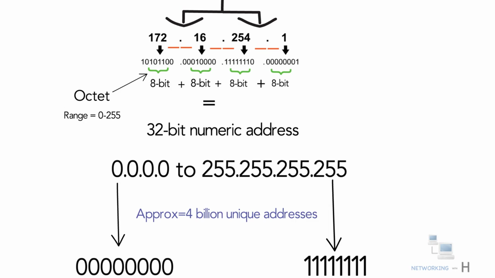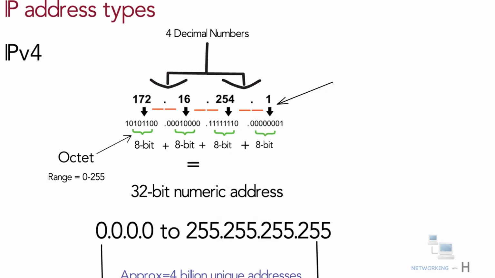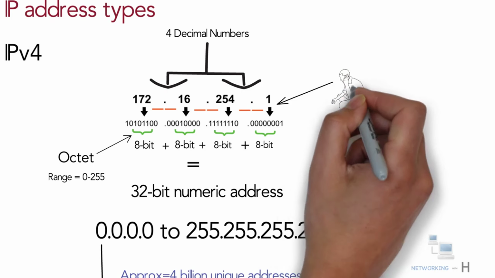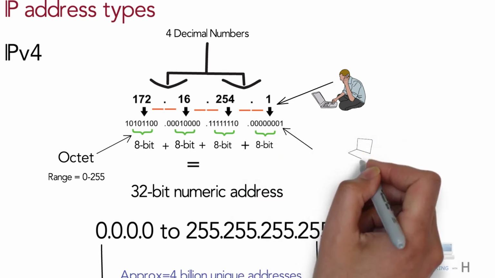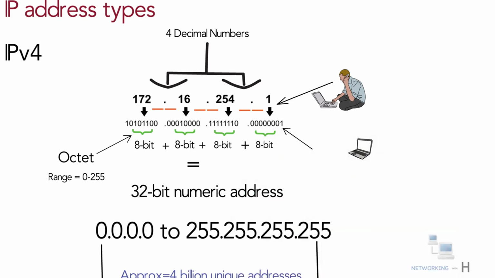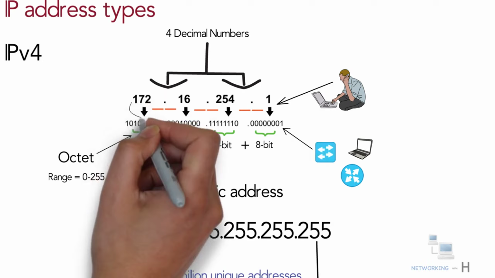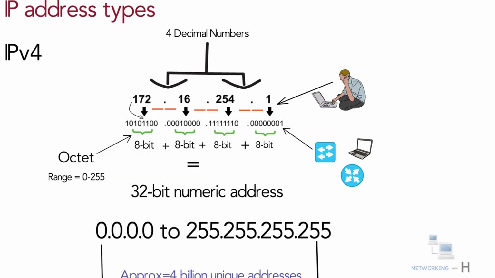The IP address shown in decimal format can only be understood by humans. But for computers or network devices, these are meaningless, as they understand only binary format. The binary number of this IP address is the number shown below, which is understood by computer and networking devices.